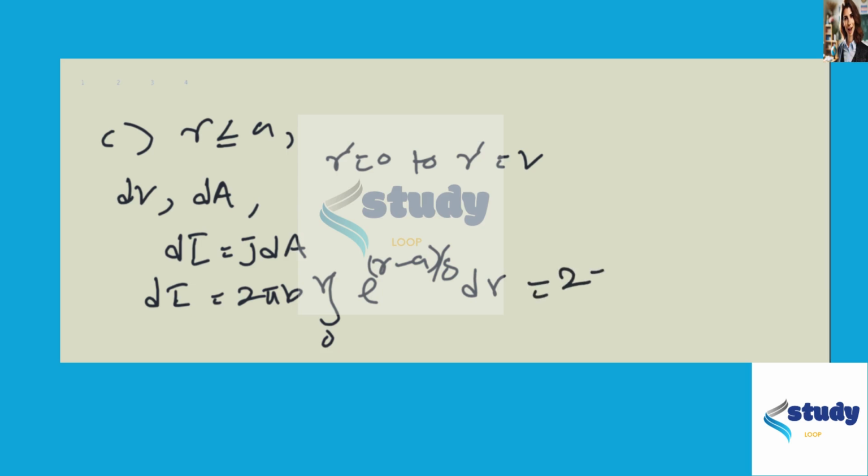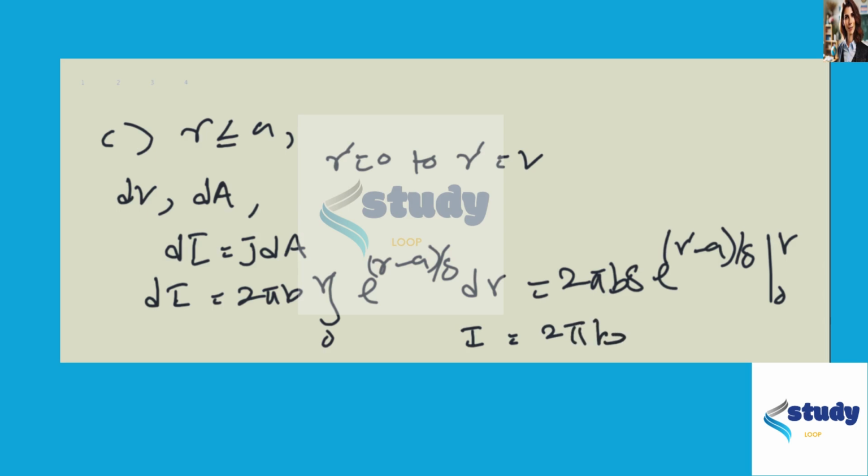This gives us 2 pi B delta e to the r dash minus a divided by delta from 0 to r. And this gives us I to be 2 pi B delta, B times delta, B times delta exponential minus a over delta, e to the r over delta minus 1.